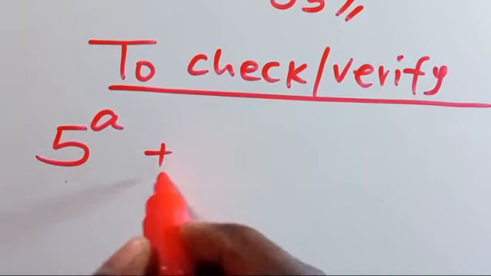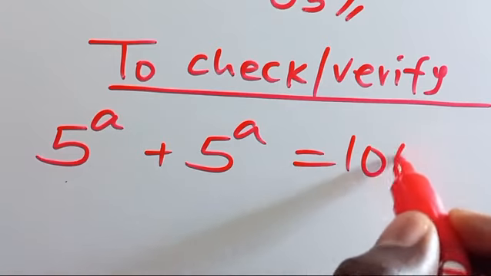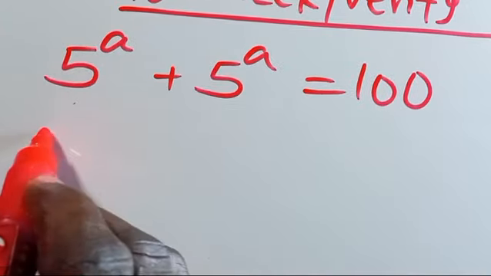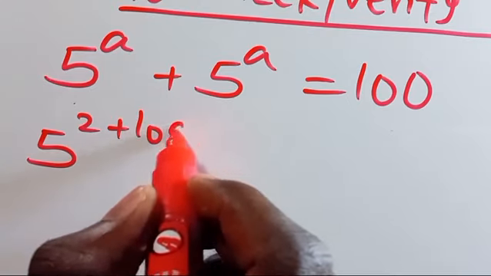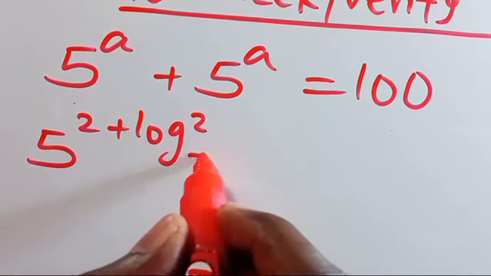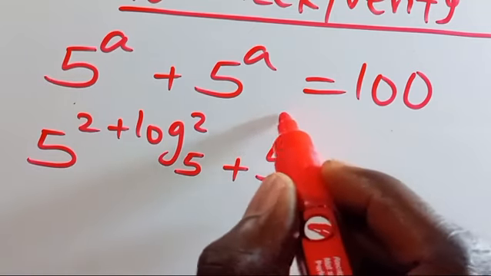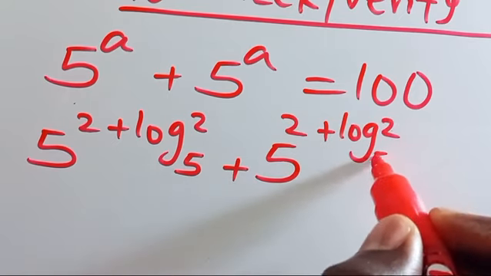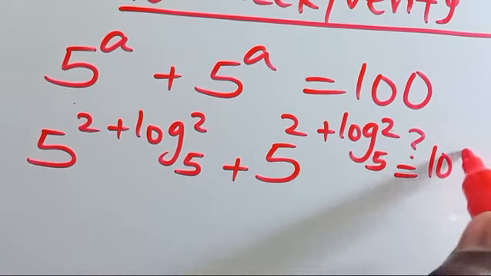5 to the power of a plus 5 to the power of a equals 100. So from here, we have this to be 5 to the power of 2 plus log 2 in base 5 plus this 5 again to the power of 2 plus log 2 in base 5. The question now is, is it going to give us 100?